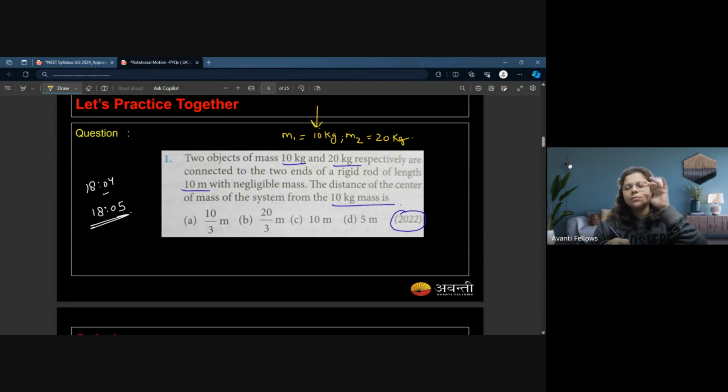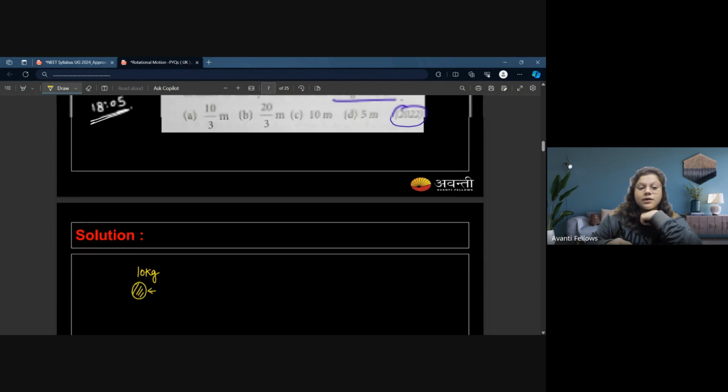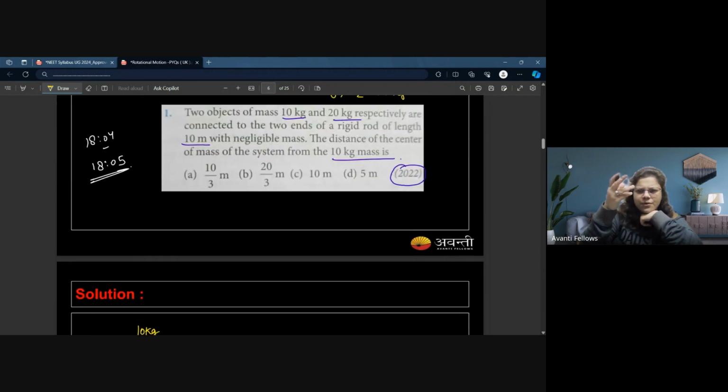Whenever you don't have a particular origin or coordinate system in a question, always consider that mass at the origin with respect to which you are going to calculate the distance. So here it would be the 10 kg mass. So put your 10 kg mass at the origin. And from it, let's go with the length of the rod, which is 10 meter away.